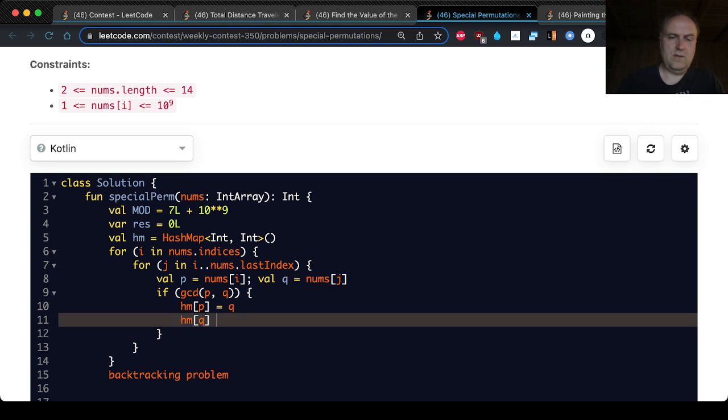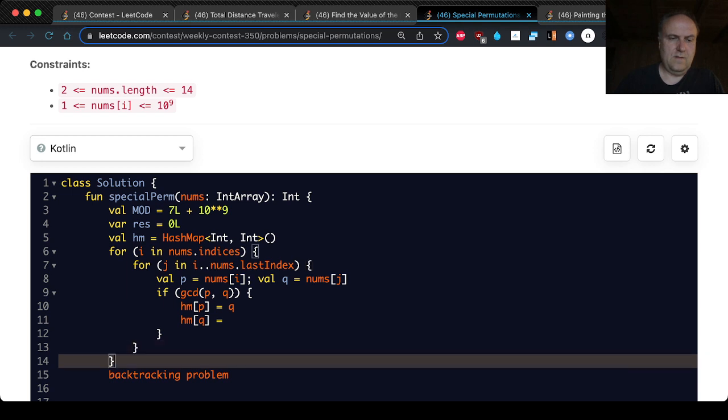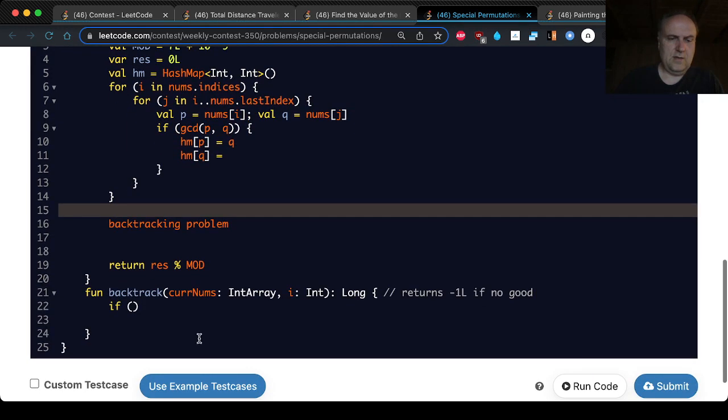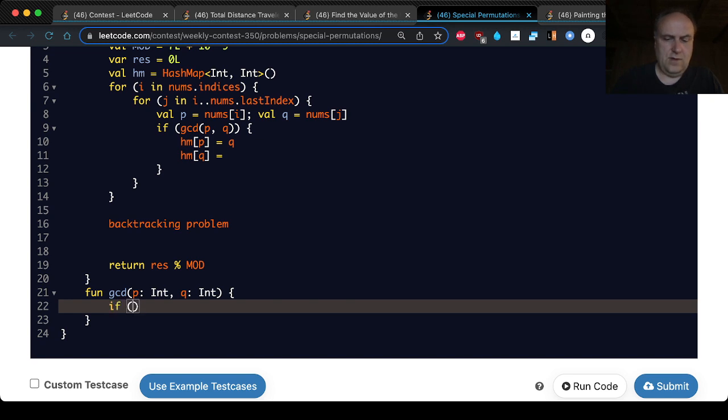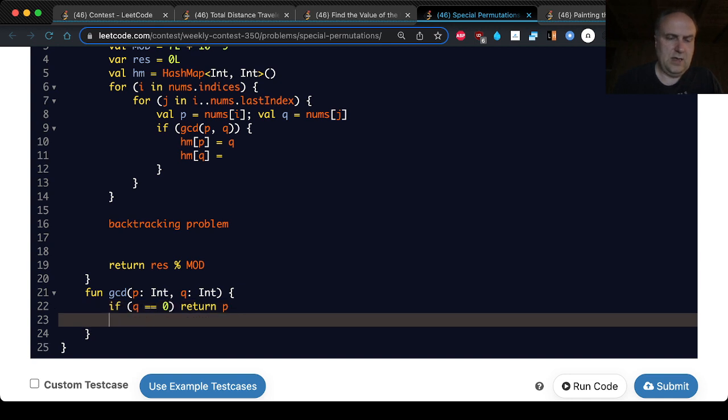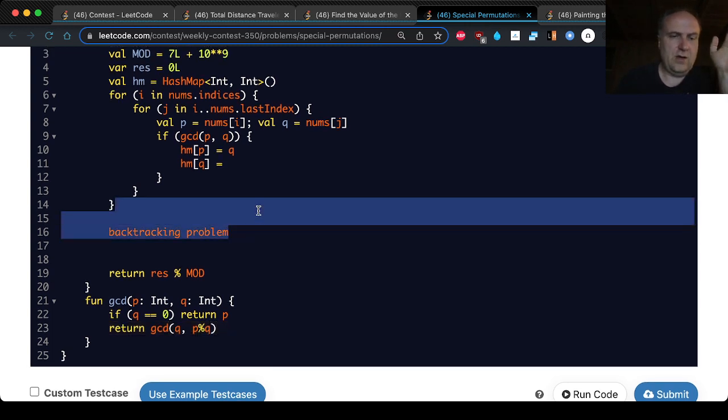Let's do GCD p int, q int. If q equals 0, I return p. Yeah, that's a base case, right? Otherwise, I return GCD of q and p mod q. Okay, so that's my greatest common divisor.